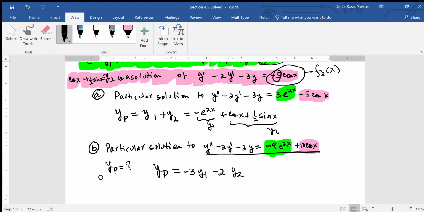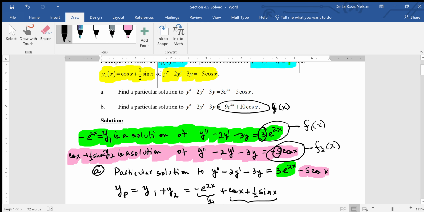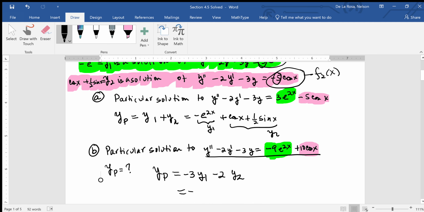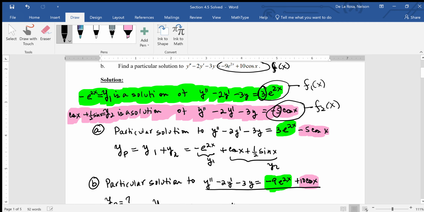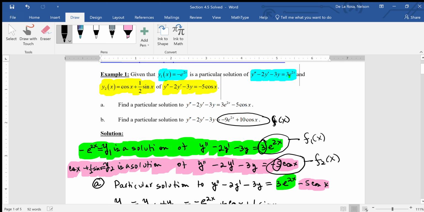So what's going to be the solution? Well, what is y1? y1, given in the problem, is negative e to 2x. So it's going to be negative 3 e to 2x, right? Minus 2y2. y2 is also given in the problem. y2 is cosine of x plus 1/2 sine of x.